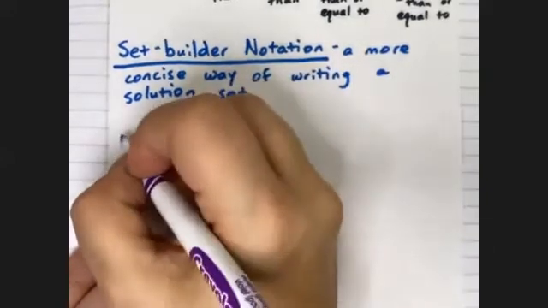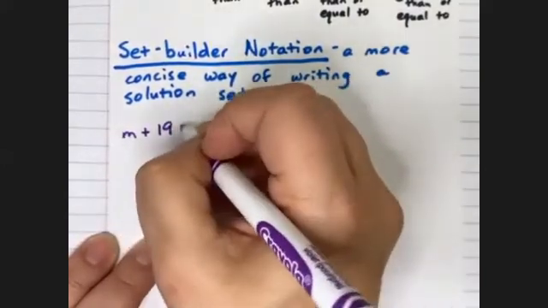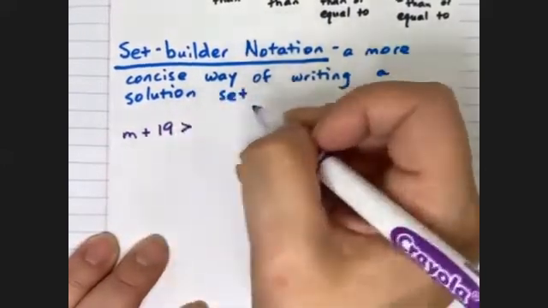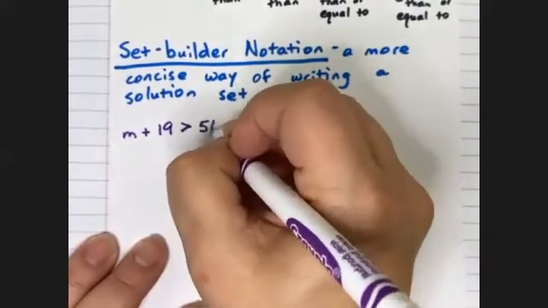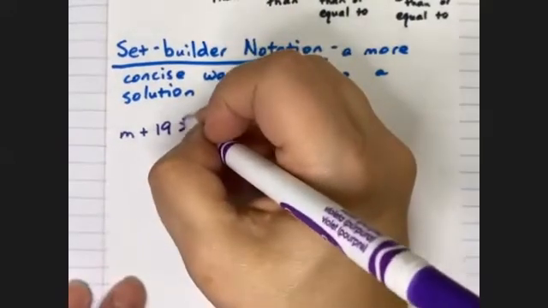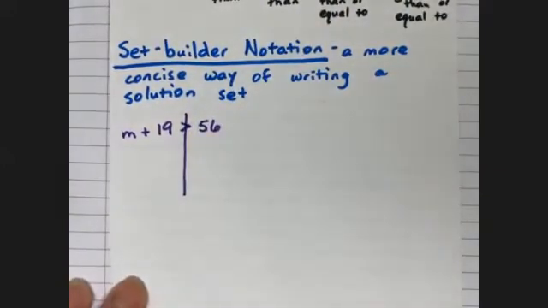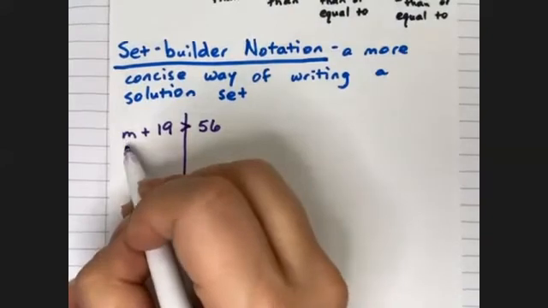So if I have this, m plus 19 is greater than 56. Now I'm going to solve this just like there was an equal sign there. So really, I'm just going to draw my little line through the inequality symbol, and I'm going to look at the side with the letter.